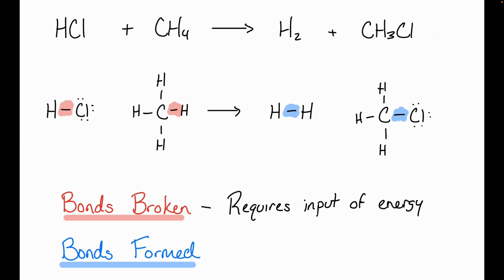But when those new bonds form, those new favorable interactions form, that process will actually release energy back out. So a chemical reaction is about making and breaking bonds. You have to put energy in to break the bonds, but those new bonds that are formed will release energy. So when new bonds form, that will release energy.